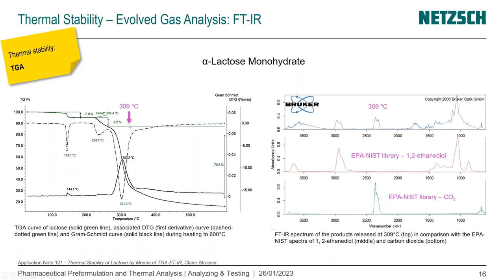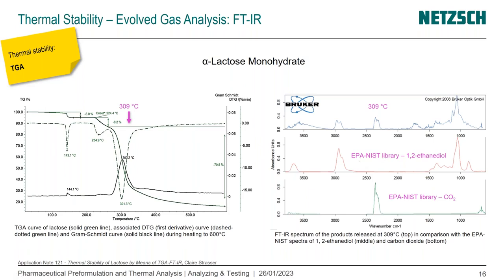If you go further and check what happens after this peak here in the DTG, or after this peak here in the Gram-Schmidt curve, we can compare the acquired spectra with our library, and we do have the degradation. It's clear that we do have degradation because this spectrum is compared with 2 different ones.